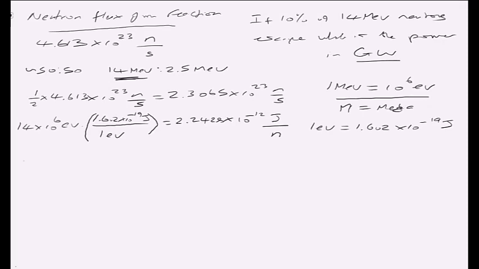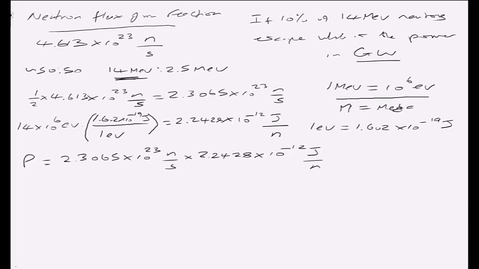And then the power is given by the neutron flux, which we determined to be 2.3065 times 10 to the 23 neutrons per second, and we multiply that by this conversion factor for MeV into joules per neutron, 2.2428 times 10 to minus 12 joules per neutron.